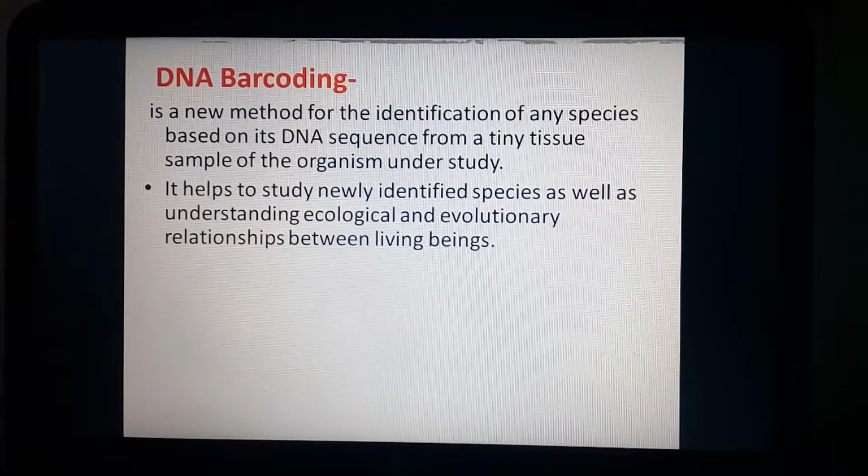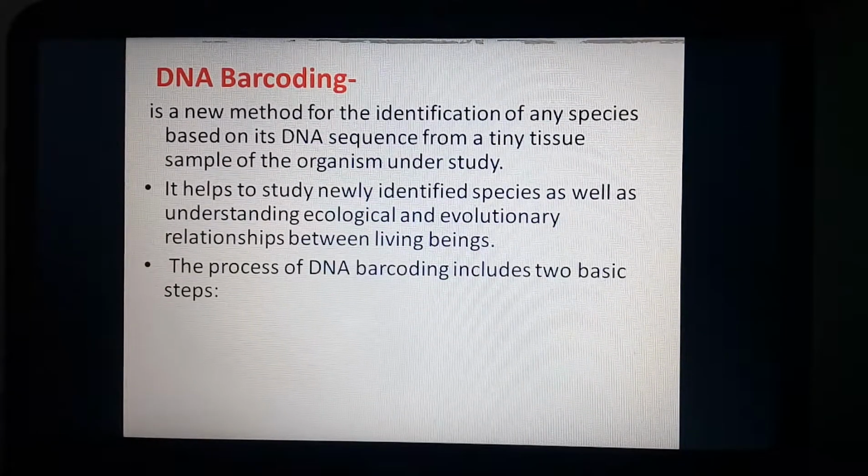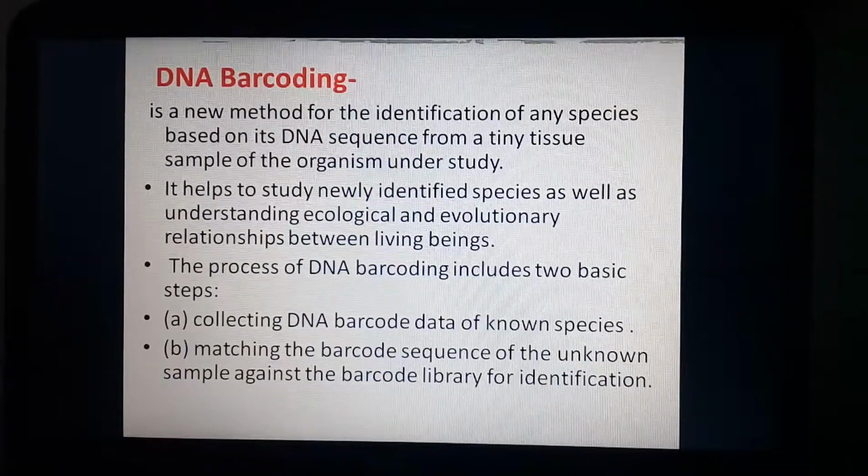Next, the process of DNA barcoding includes mainly two basic steps. The first one is collecting the DNA barcode data of the known species. For that, firstly we have to collect the DNA from a sample of a cell or a tissue from that organism.